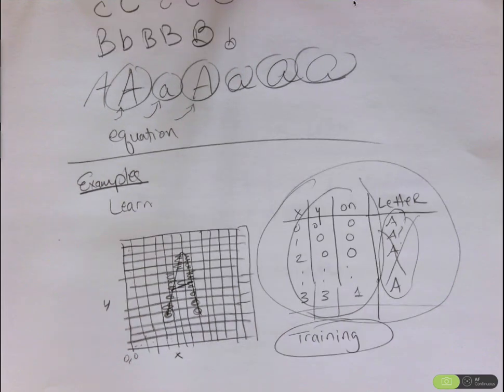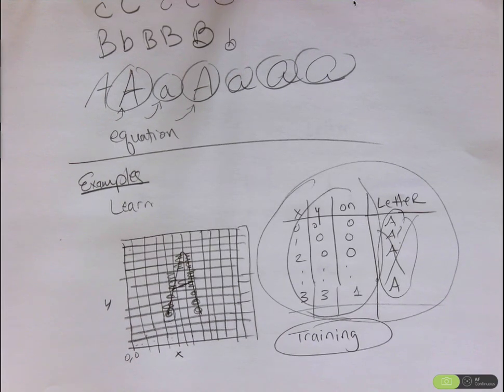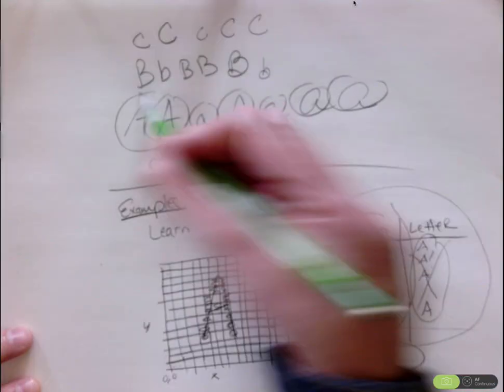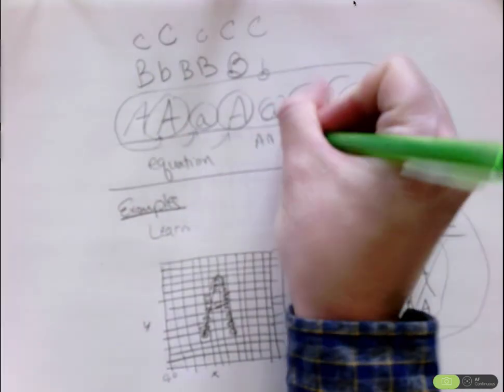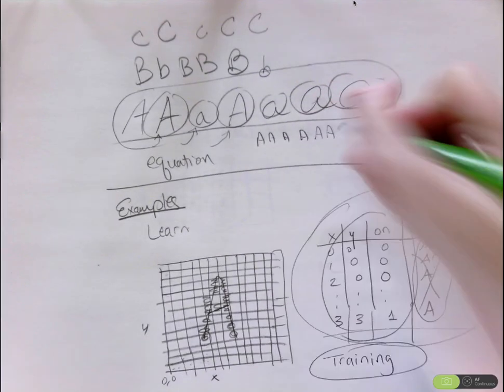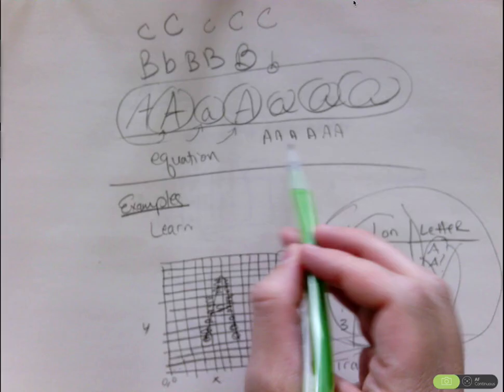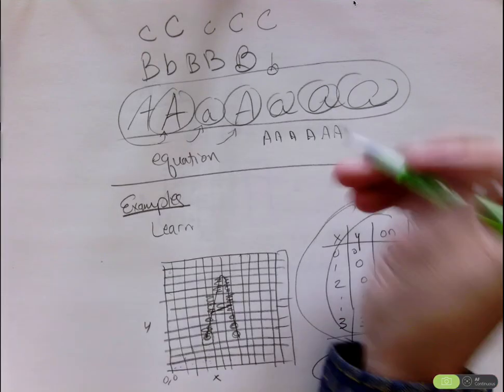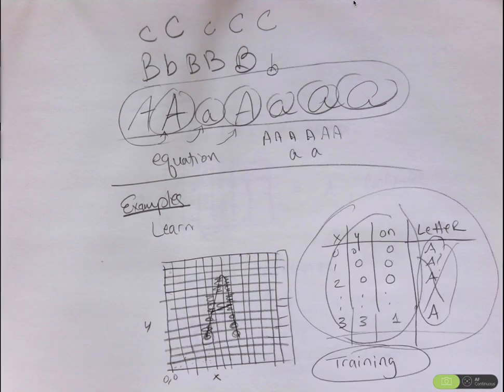And of course, the important thing about training data is that it's representative of the information that you'll get. And so you don't want to give it all data that looks the same, because then it would be really good at guessing A's that look like that, but then it wouldn't be good at guessing A's that look like that.